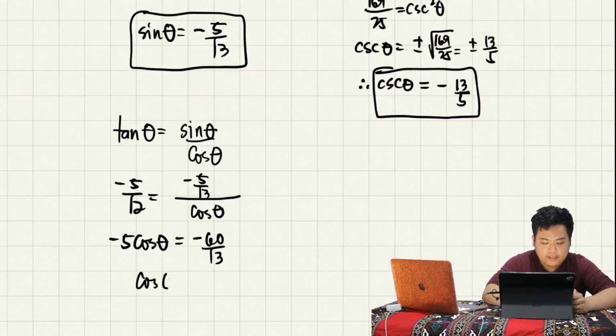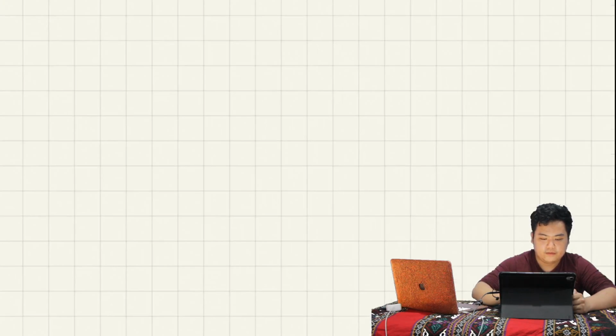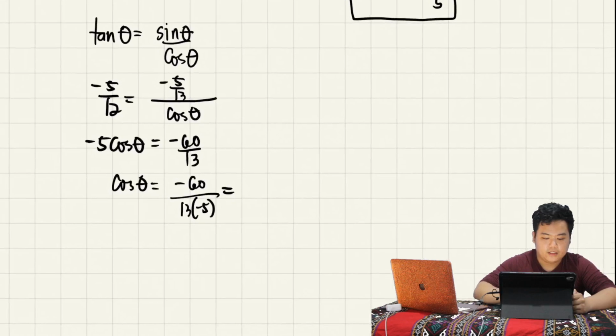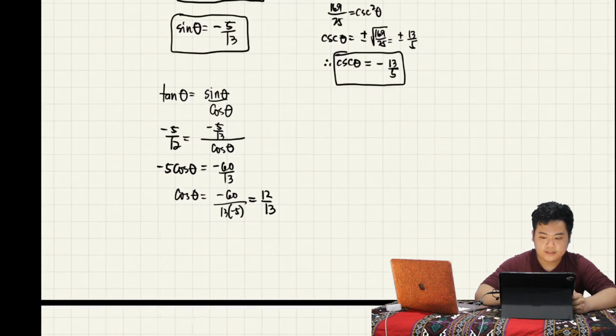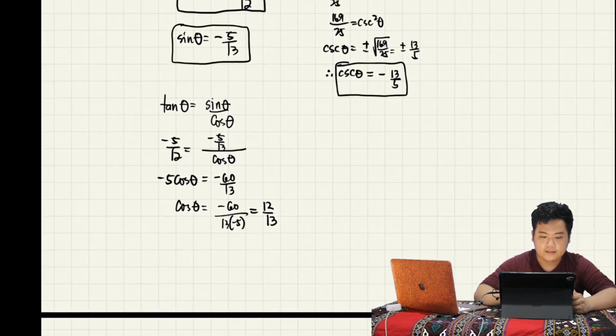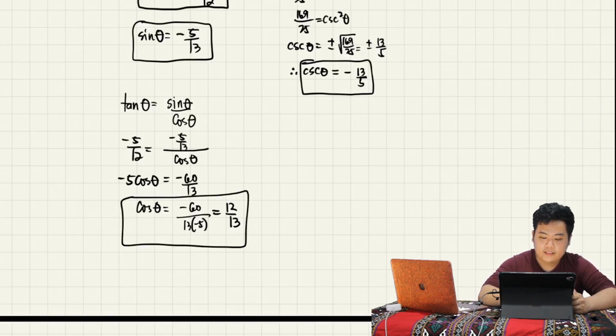Or cosine theta is negative 60 over 13, divided by negative 5, which is positive na yan, pero dapat 12 over 13. Okay, so that is cosine theta. And secant is the reciprocal of cosine. So, 13 over 12.